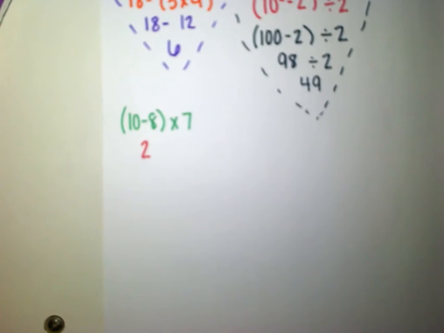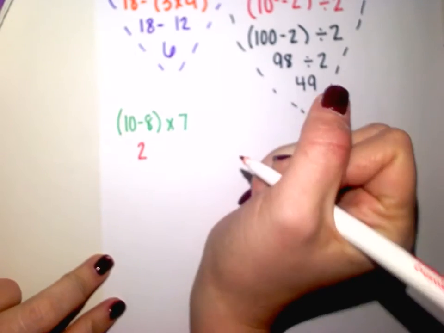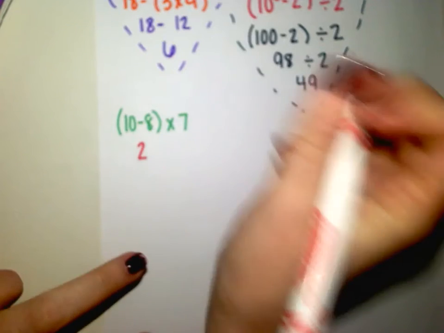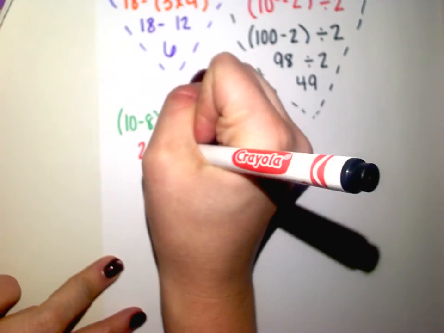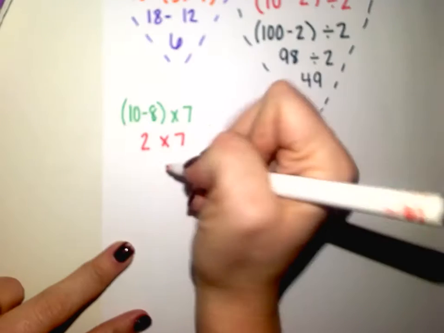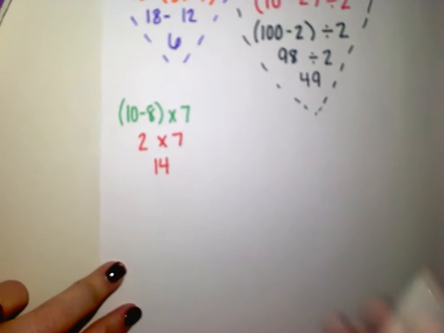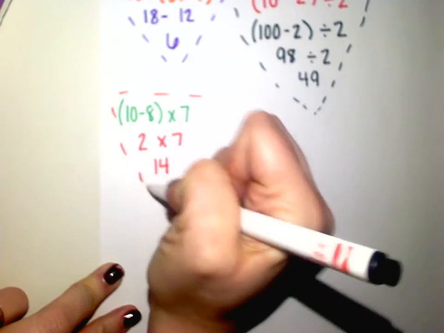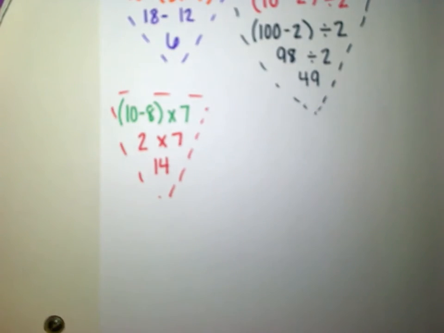I imagine like a video game where you did something good and now it just bursts out, like stars burst out of it. It's solved. 10 minus 8 is 2, and then bring down the times 7. 2 times 7 is what, everyone? 14. Awesome. Looks like an upside down triangle. 14 at the bottom is my solution.